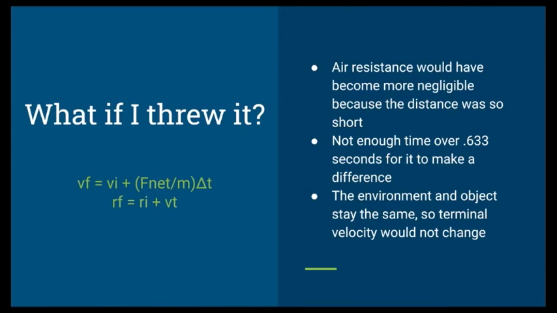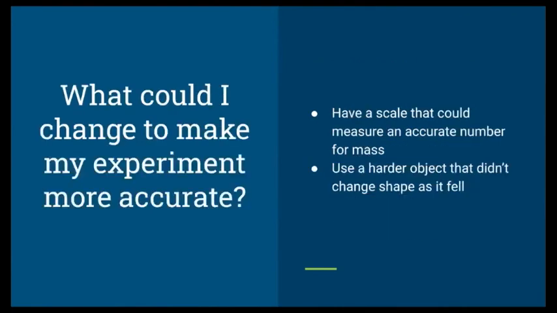It wouldn't give enough time for air resistance to counteract the gravity, because most of it would just be F net from the initial velocity going down. And since the environment and the objects stay the exact same, there really wouldn't be a change in velocity.